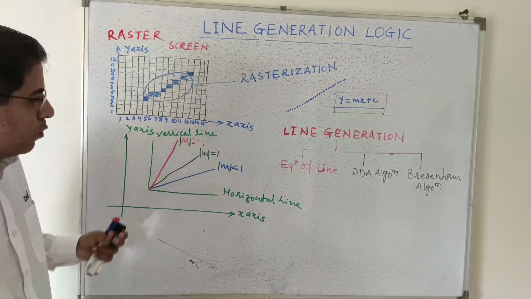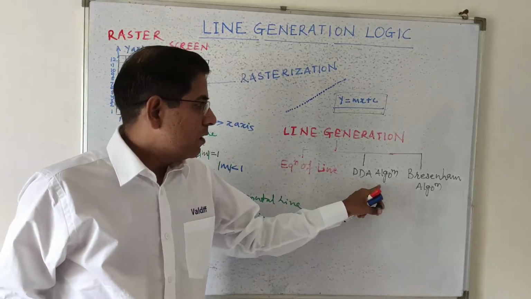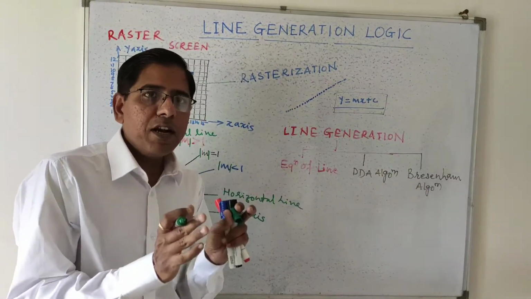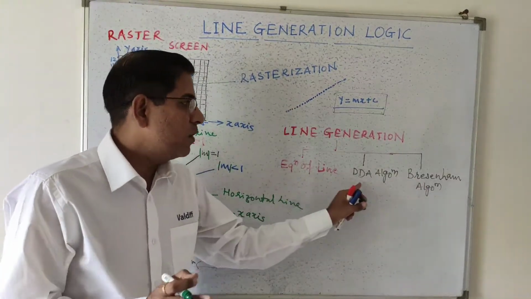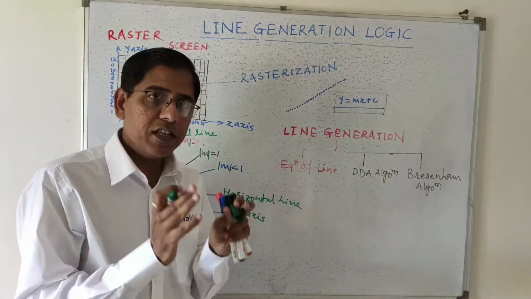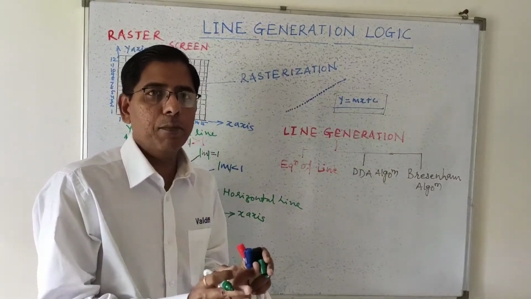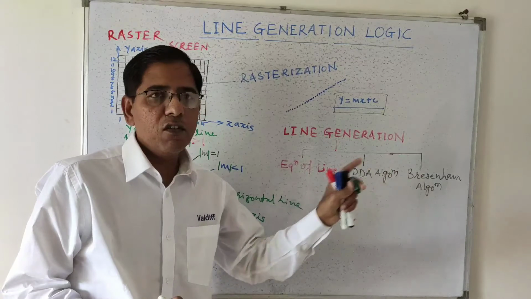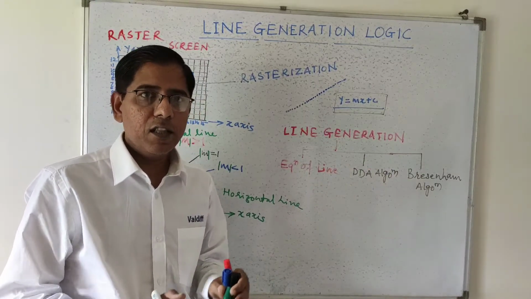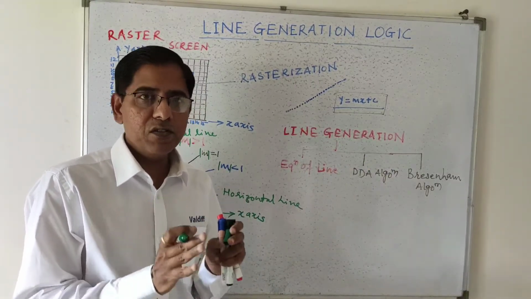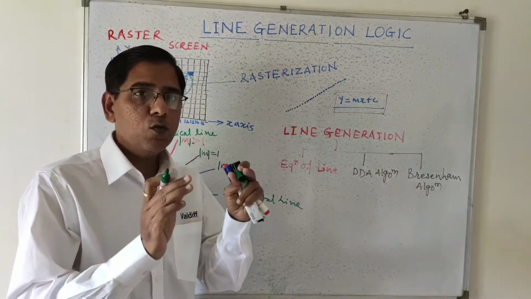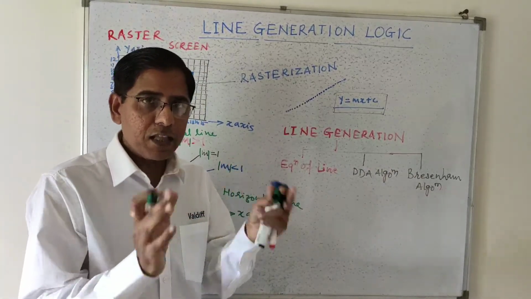Now some basic mathematics is used in all three logics. The basic mathematics of a line remains the same, whichever logic you are taking. So we'll try to understand the basic mathematics behind a line.